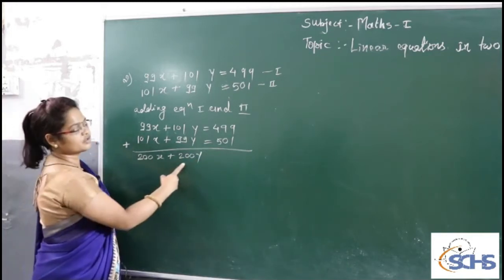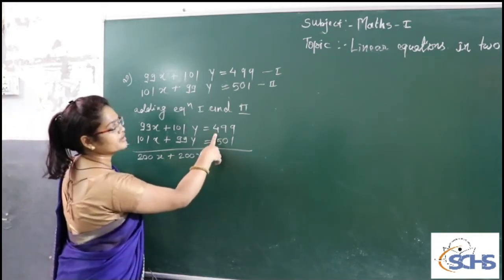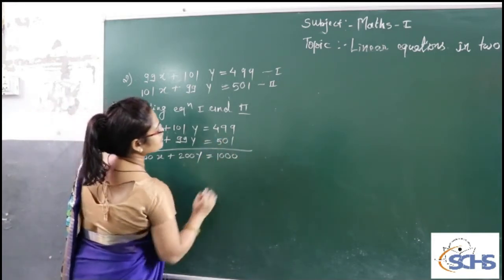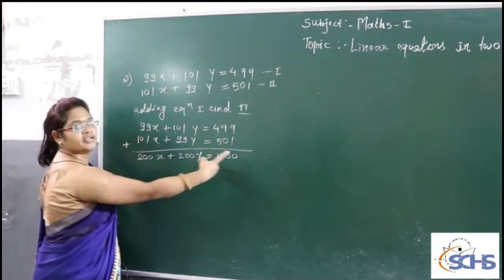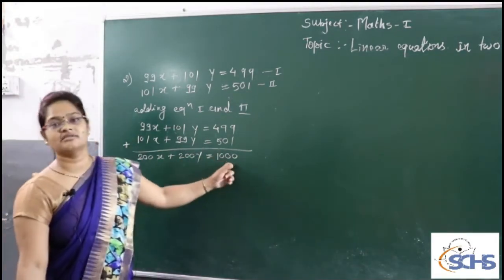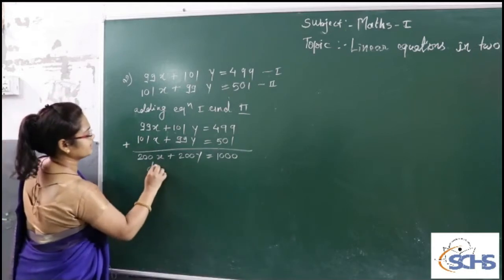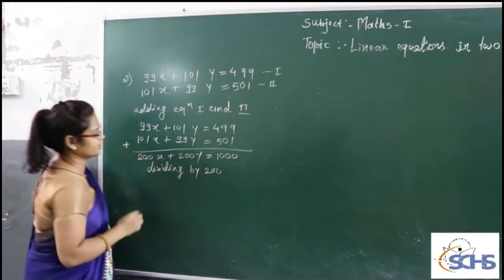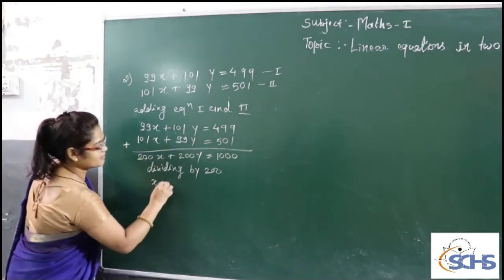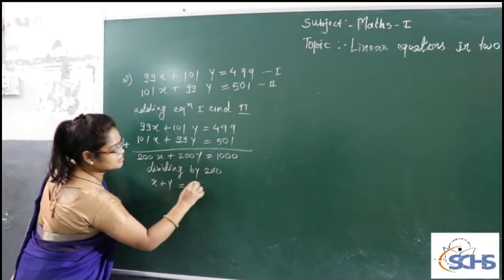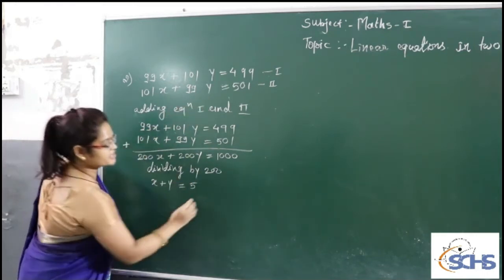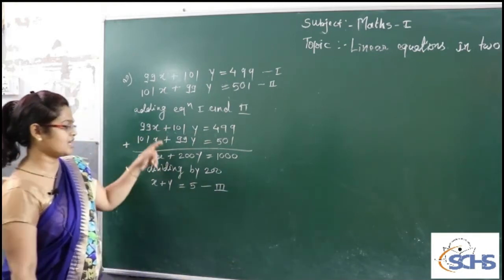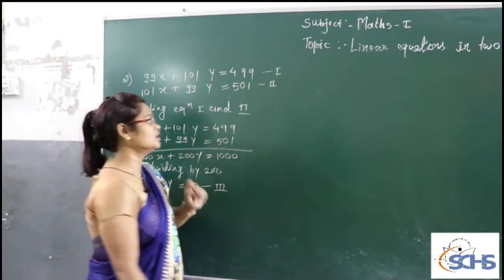So 200x plus 200y is equals to 499 plus 501, that is equals to 1000. We know that 1000 is divisible by 200. So dividing by 200, we get x plus y is equals to 5. We will give this as equation number 3. So we get the third equation after addition, that is x plus y is equals to 5.